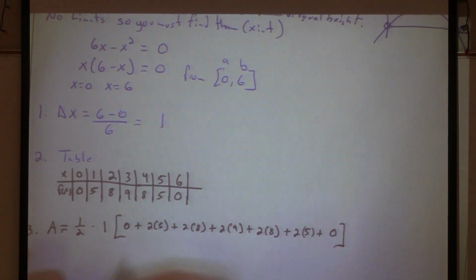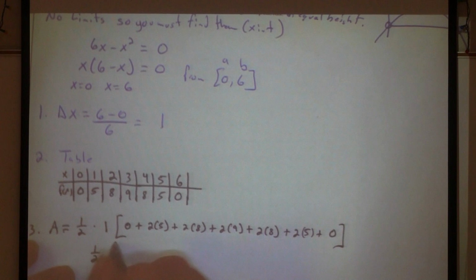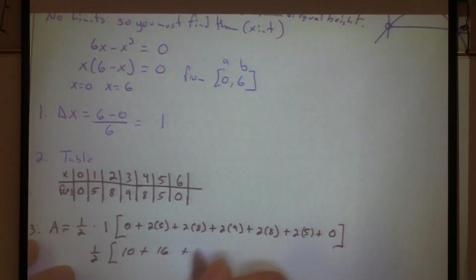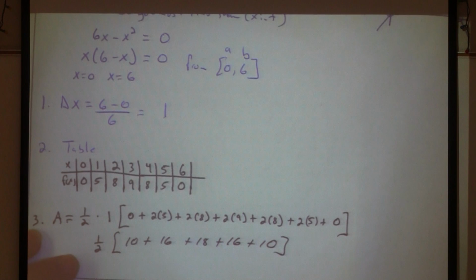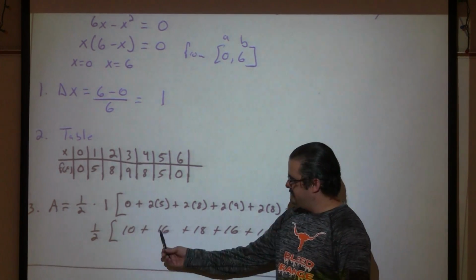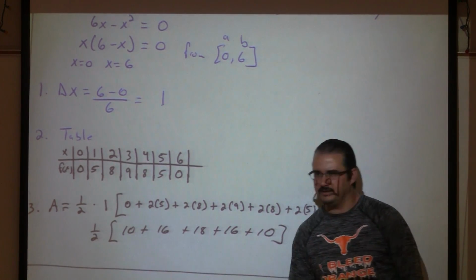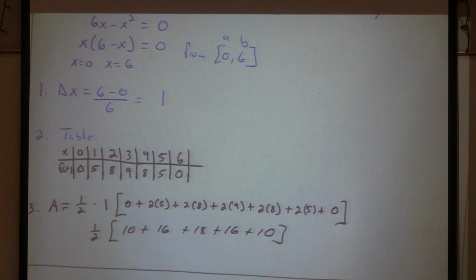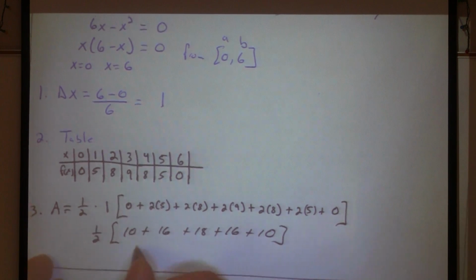Okay, do you understand? All right. So we would end up with 1/2 times 10 plus 16 plus 18 plus 16 plus 10. So what does that give us? 10, 20, 30, 40, 50, plus 12 is 62, plus 8 is 70.